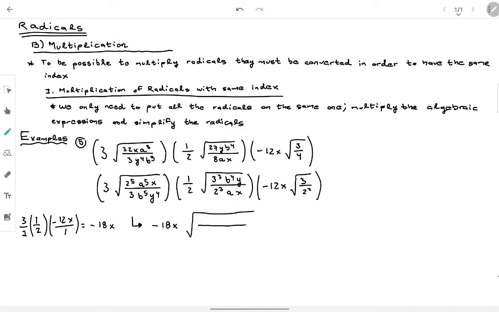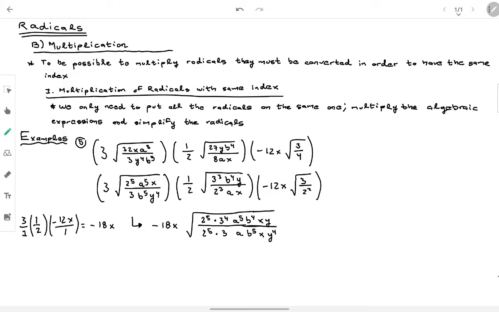On top we have 2 to the 5, 3 cubed and 3, it's going to be 3 to the 4. Then we have a to the 5, b to the 4, x and y. And on the denominator part, we will have 2 cubed and 2 squared. It's going to be 2 to the 5. That multiplies 3. In the case of the letters, we have a, we have b to the 5, we have x, and we have y to the 4.